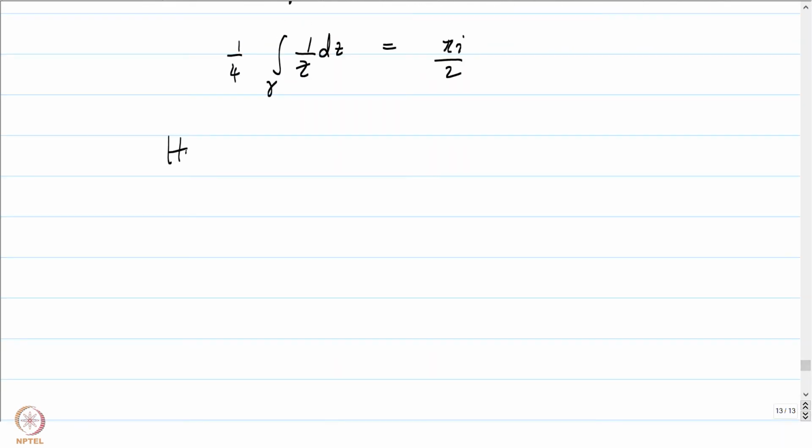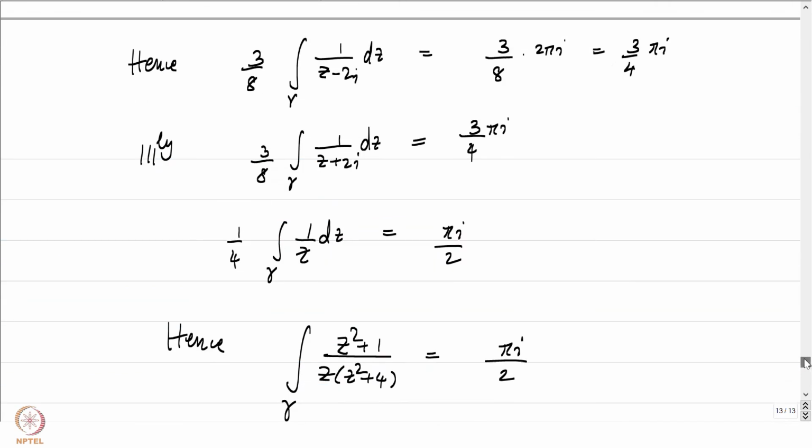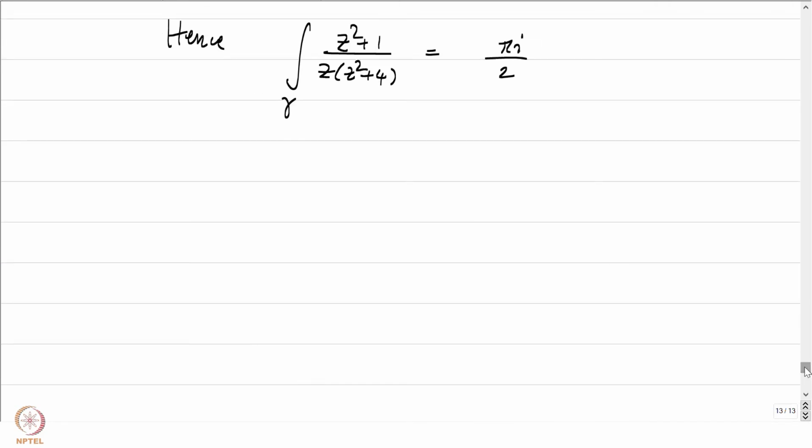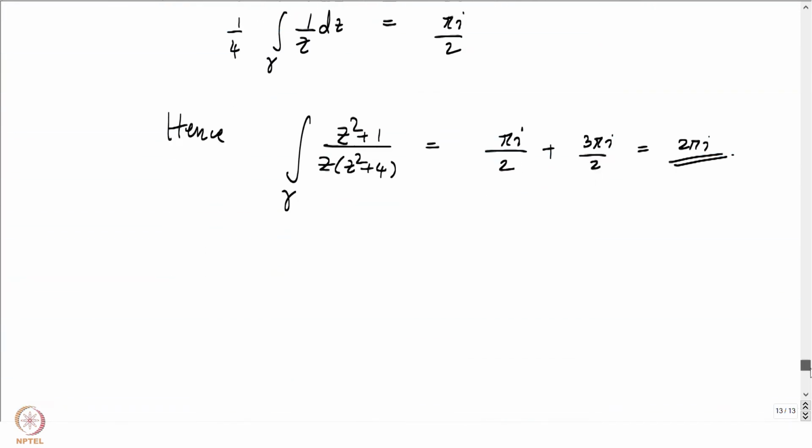And hence the integral over gamma of (z square plus 1) by z into (z square plus 4) is going to be equal to pi I by 2, and both of these will be 3 pi I by 4. So this is going to be equal to plus 3 pi I by 2, which is equal to 2 pi I. That's the answer. So for r greater than 2, this integral is going to be equal to 2 pi I.